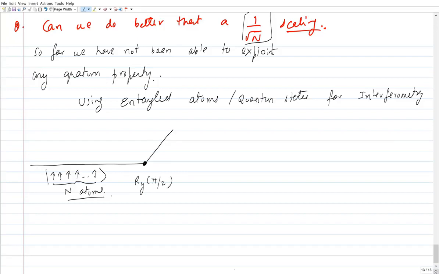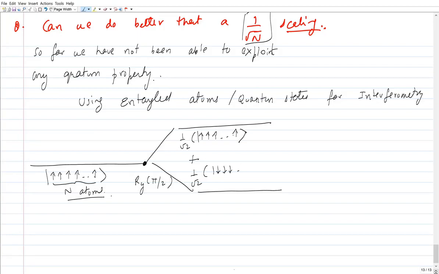So what happens is that I create a superposition, and this is a very interesting superposition. It is n of them all having the upspin simultaneously, and n of them having the downspin. So this was one of the examples we studied as an entangled state.